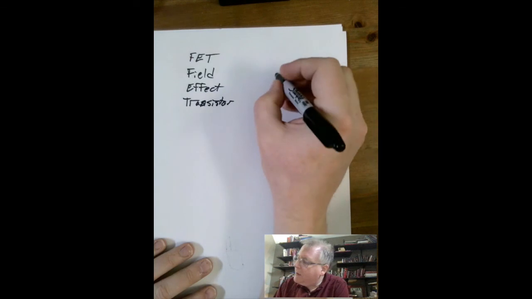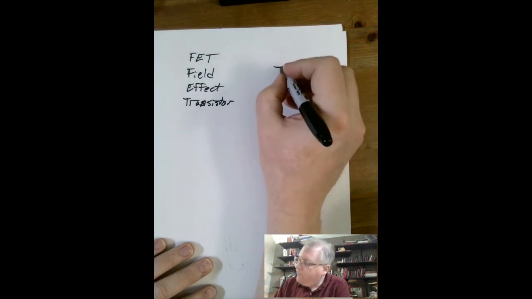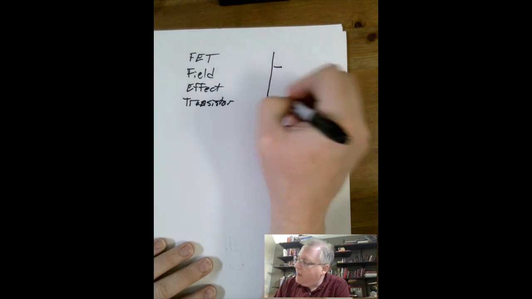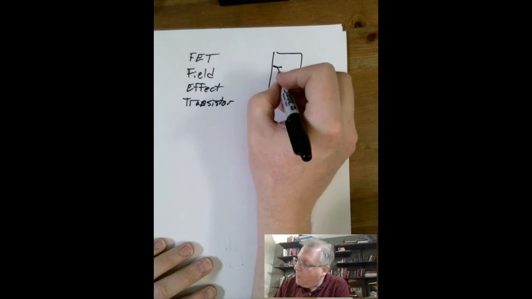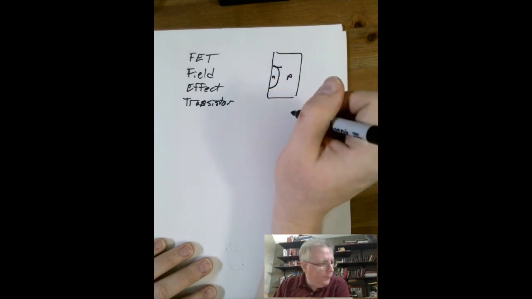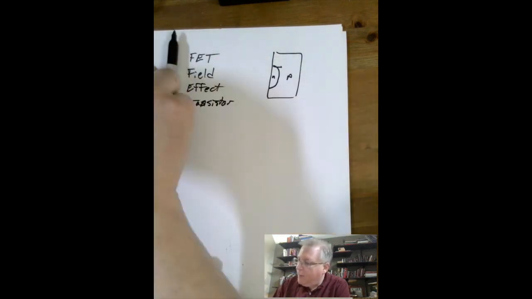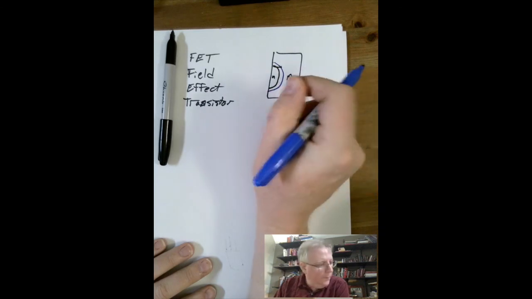So what he has is something like, let's make, here's my transistor, and I have some region here which is going to be N-type, and the rest of it's going to be P-type. And so this means that I'm going to create a depletion region around here.